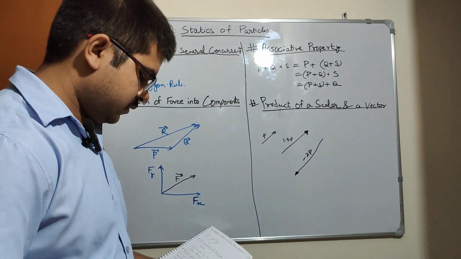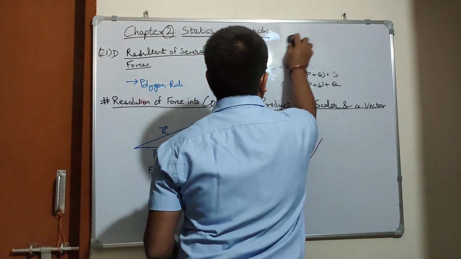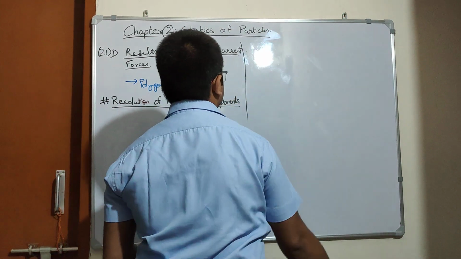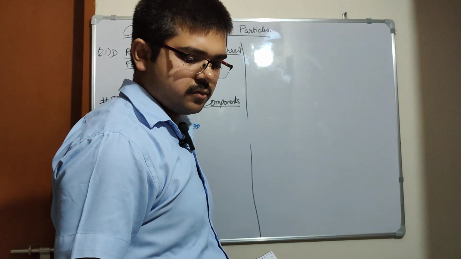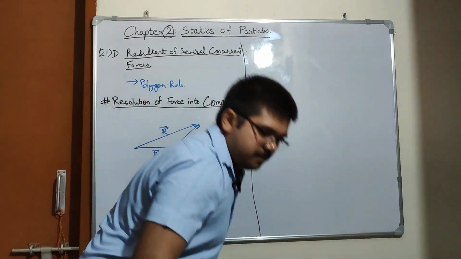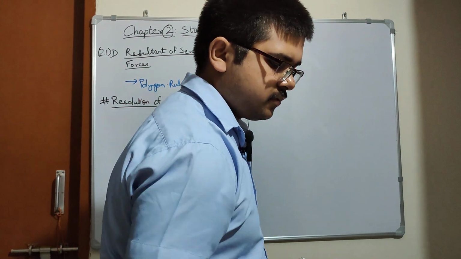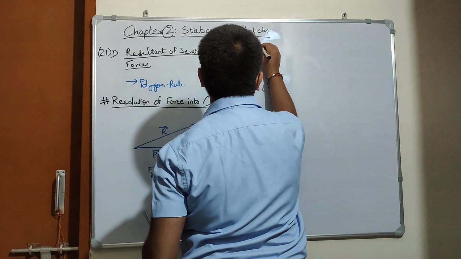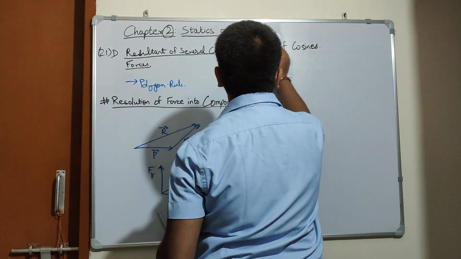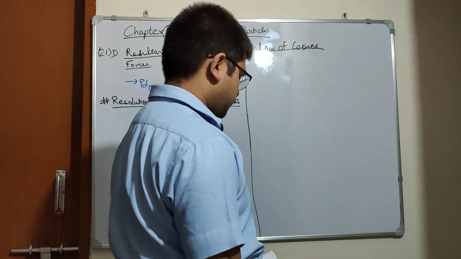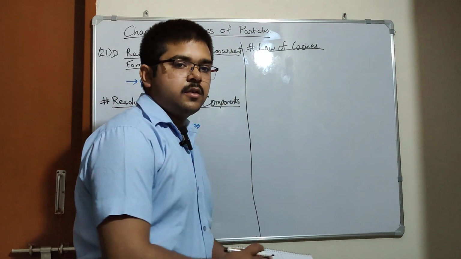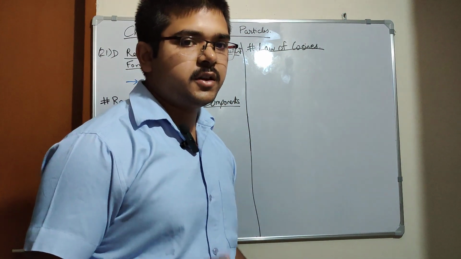Now the next thing we have is the law of cosines. The law of cosines is simply how we calculate the resultant of two forces. It is a formula.